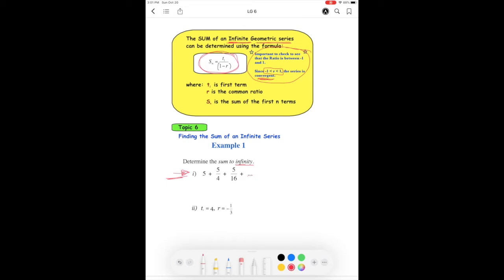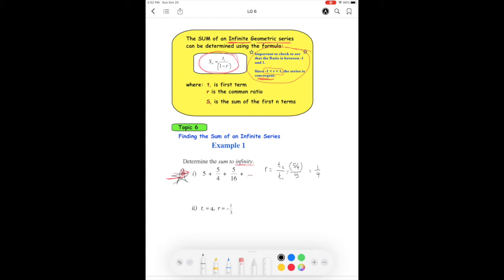Okay, so it's very important right off the bat to find the ratio. So let's look at this example right here. All right, the first thing is, let's find the ratio. Well, the ratio is, remember back earlier, the second term divided by the first term. So if we take 5/4 and divide it by 5, we will get a ratio of 1/4.